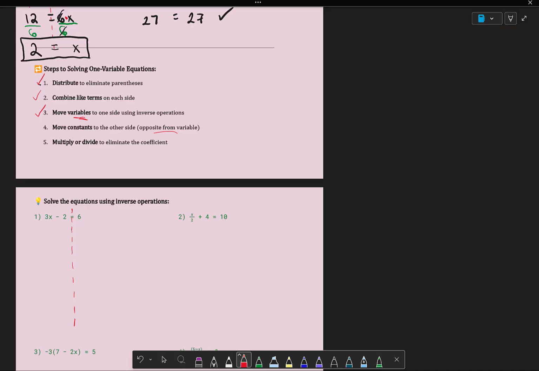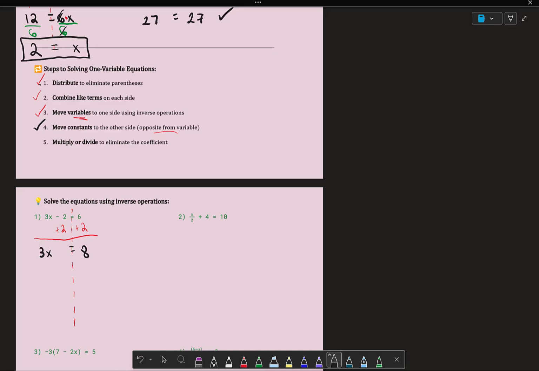We need to do the inverse operation of subtract 2, because our goal is to get the variable by itself, and we want to move the constants to the other side. So we end up, I'm going to bring down the 3x. Negative 2 plus 2 is just 0. Remember, we don't need to write that, so I'm going to erase it. And on the right side, 6 plus 2 is 8.